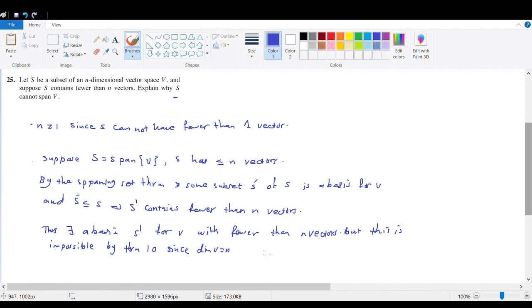Thus S cannot span V. S cannot span the vector space V, so here let us write span.